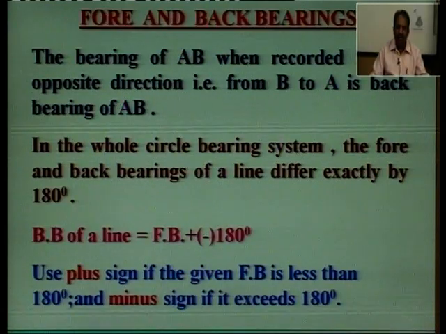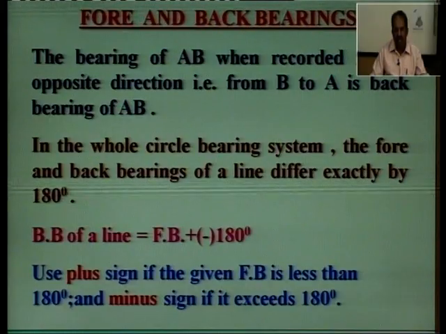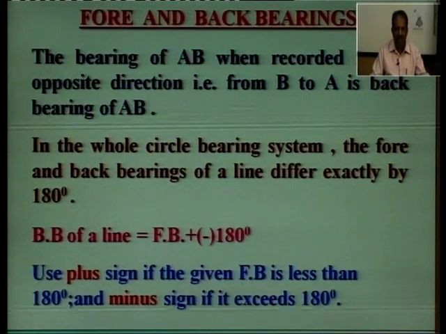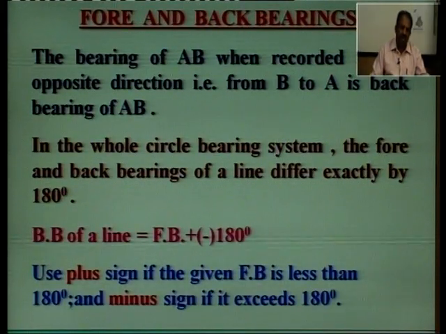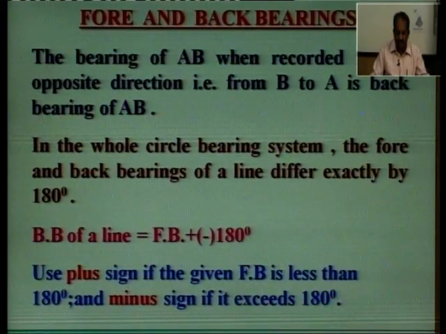In the whole circle bearing system, the fore and back bearings of a line differ by exactly 180 degrees. So, the formula is: back bearing of a line equals fore bearing plus or minus 180 degrees. We use the plus sign if the given fore bearing is less than 180 degrees and the minus sign if the fore bearing exceeds 180 degrees.